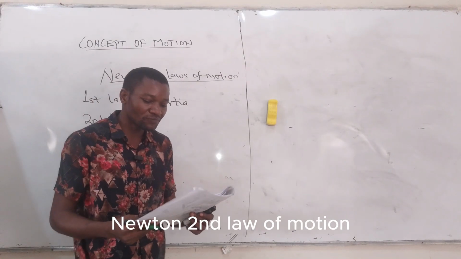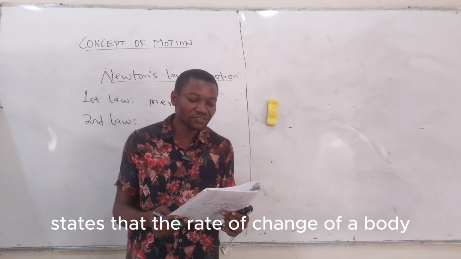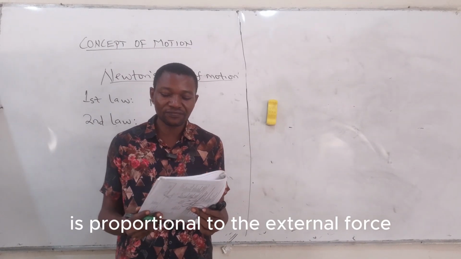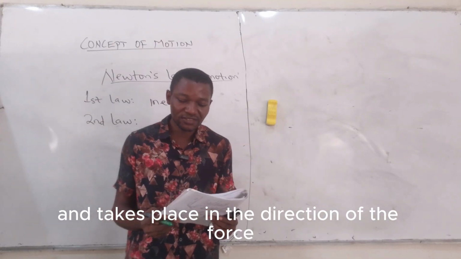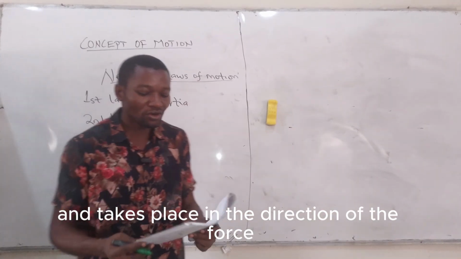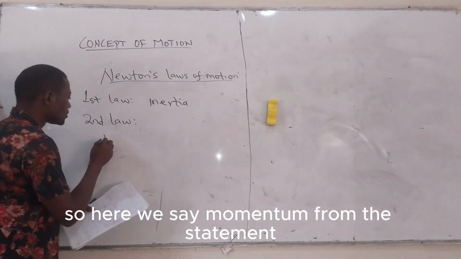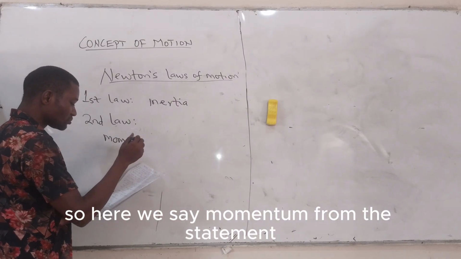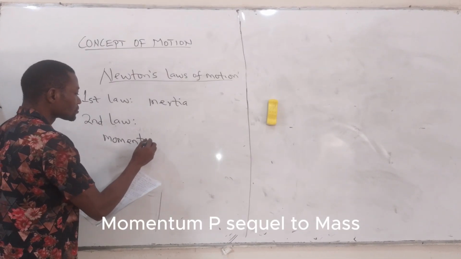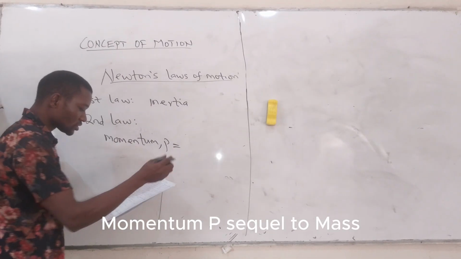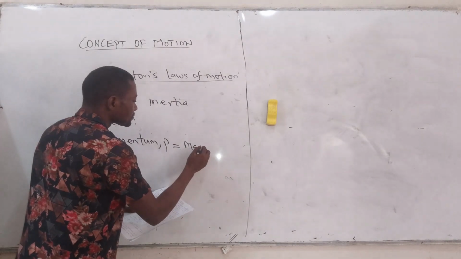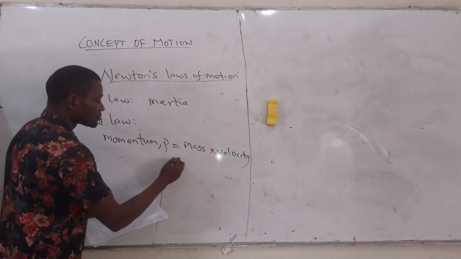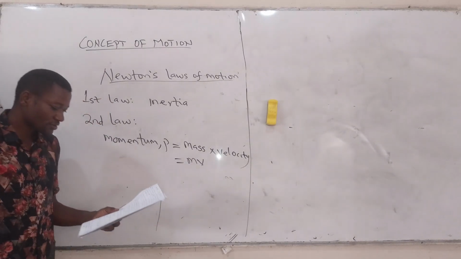Newton's second law of motion states that the rate of change of momentum of a body is proportional to the external force and takes place in the direction of the force. So here we say momentum, from the statement, momentum P is equal to mass times velocity, mv.